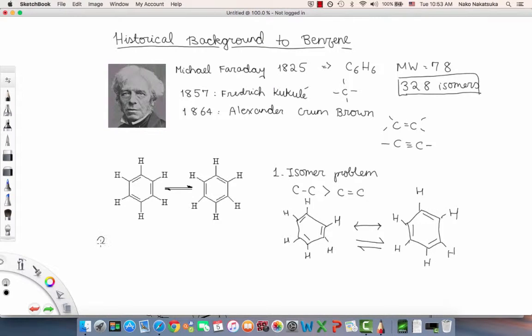So the second problem that Kekule encountered when trying to figure out the structure of his benzene molecule was when he looked at reactions. So when you have a very straightforward alkene reaction like this, and you react this with Br2, this is a typical alkene reaction, you end up with bromine on either side of the double bond.